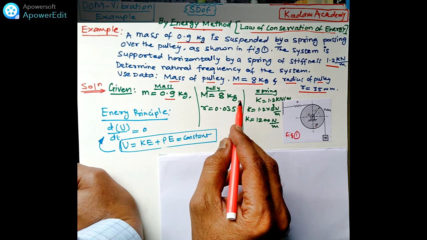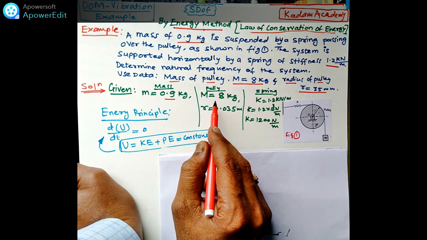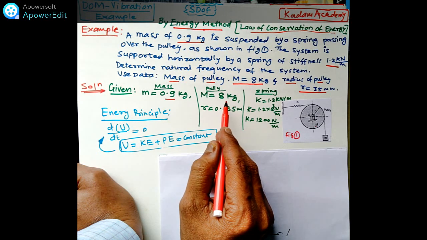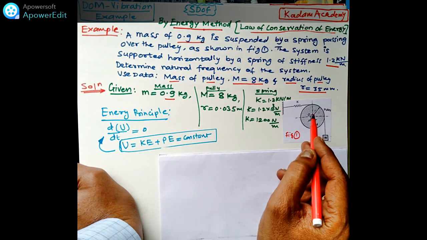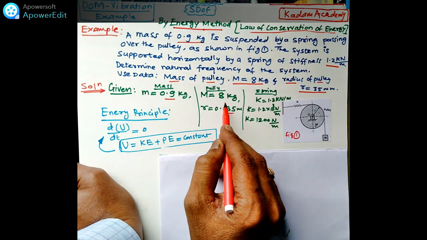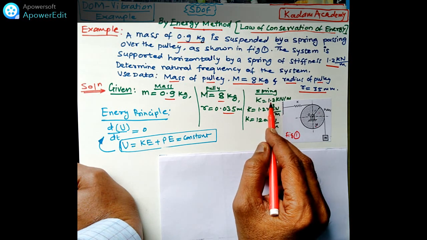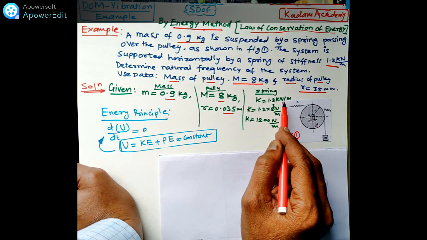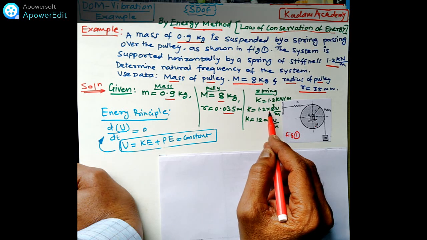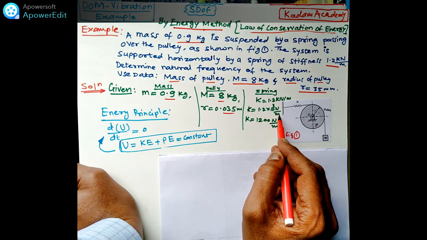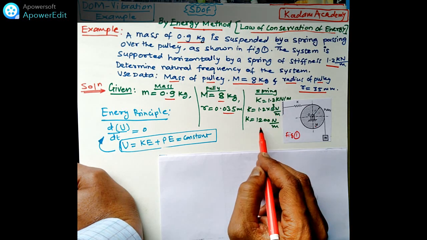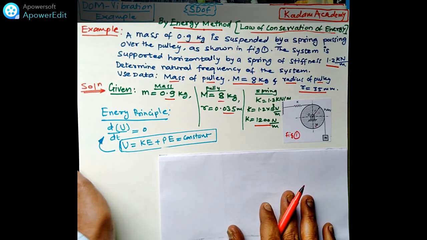Regarding the pulley, capital M is 8 kg and its radius is given as 0.35. These two data are given. Regarding the spring, 1.2 kilonewton per meter. If you convert to Newton, 1.2 into 10 raised to 3 Newton per meter, or 1200 Newton per meter. This is the final value we obtained.